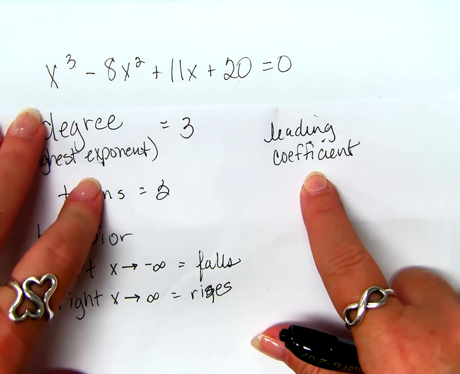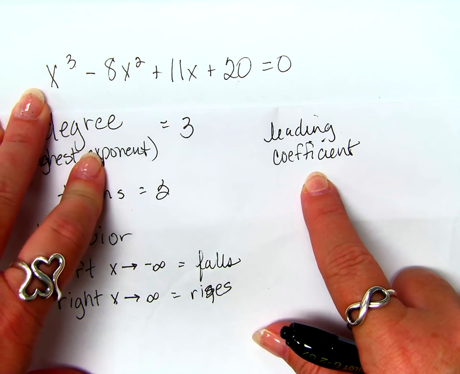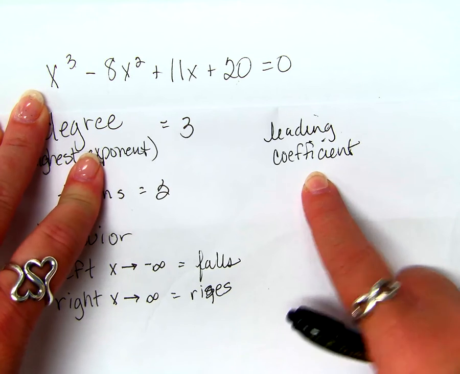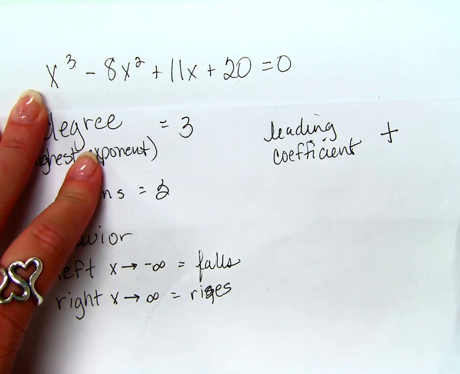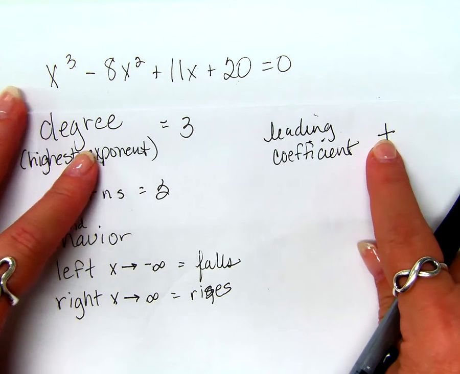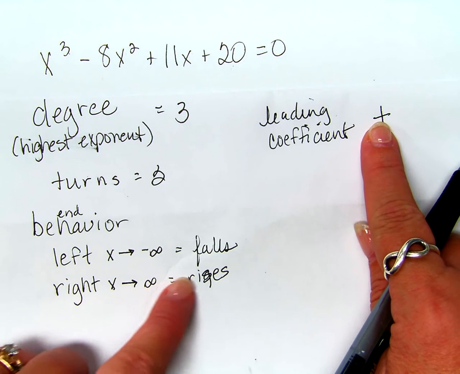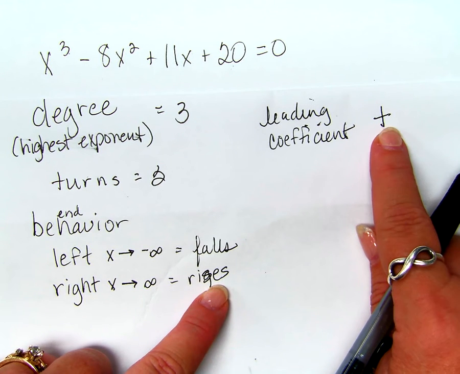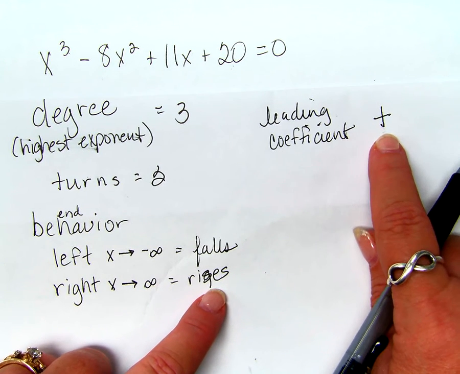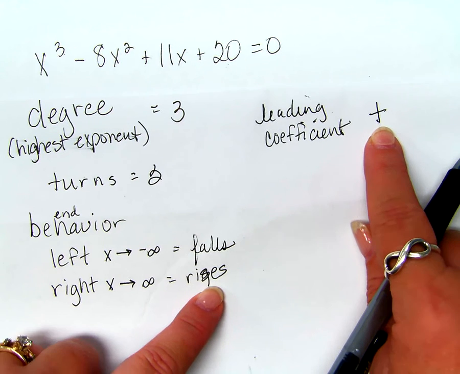So the leading coefficient in this problem is positive or negative? It's positive. Wait, what happens to the right? It rises? Could those two things have anything to do with each other? Okay, the answer is yes.